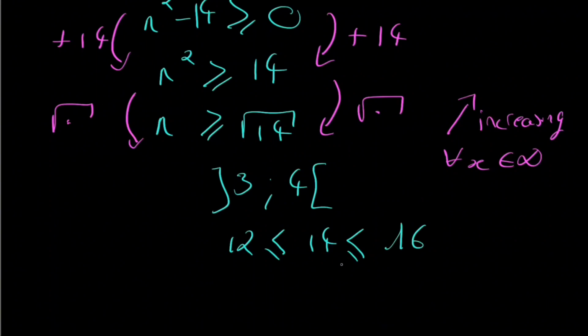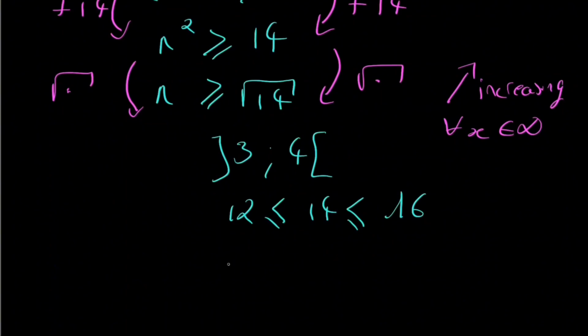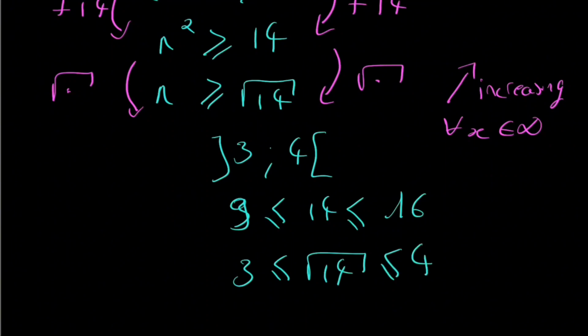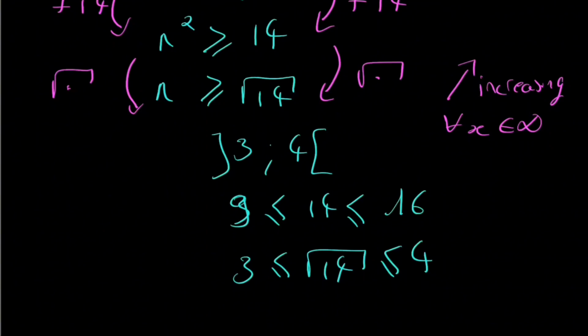So we will have 3 lower than square root of 14, lower than 4. So this solution is between 3 and 4.